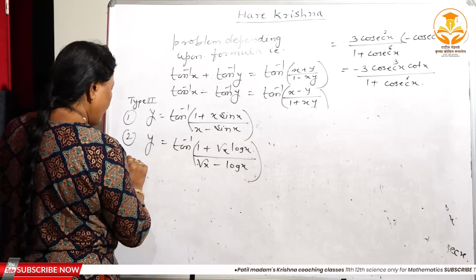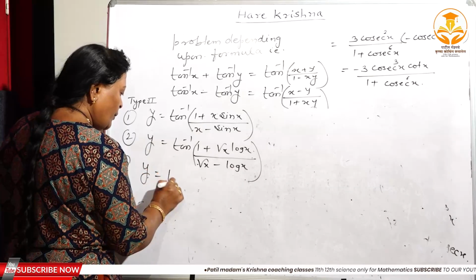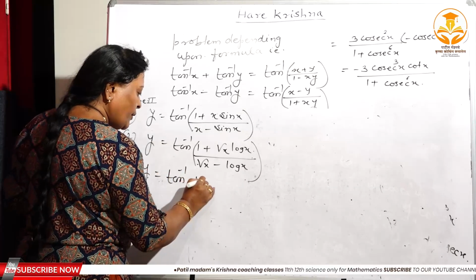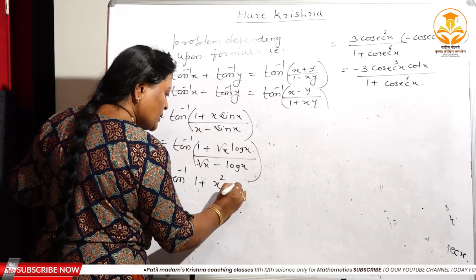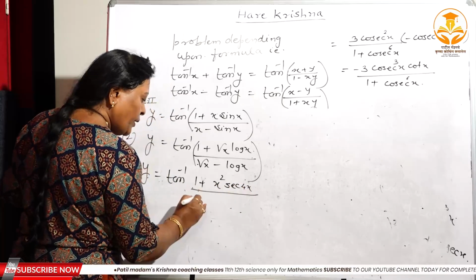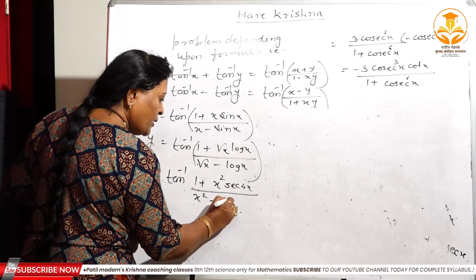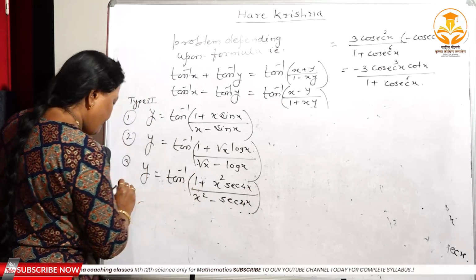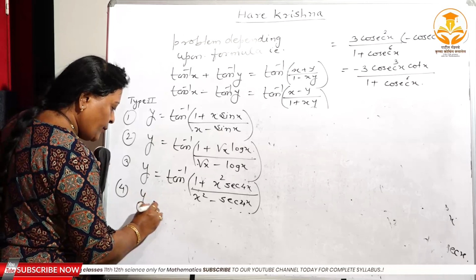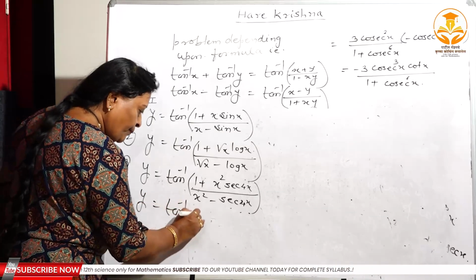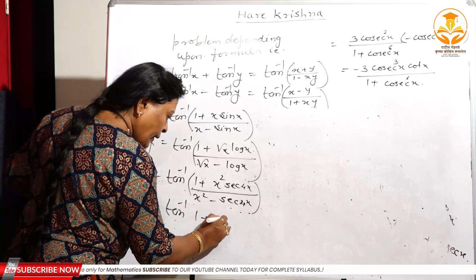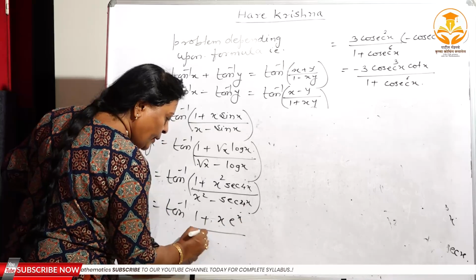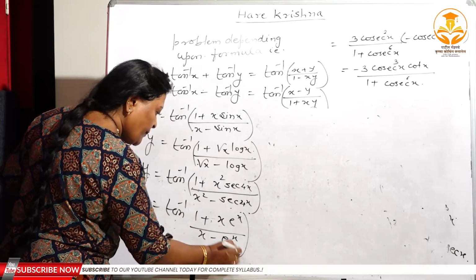Here again, third one, y is equal to tan inverse of (1 plus x square into sec 4x) divided by (x square minus sec 4x). Here again, fourth one, y is equal to tan inverse of (1 plus x e raised to x) divided by (x minus e raised to x).